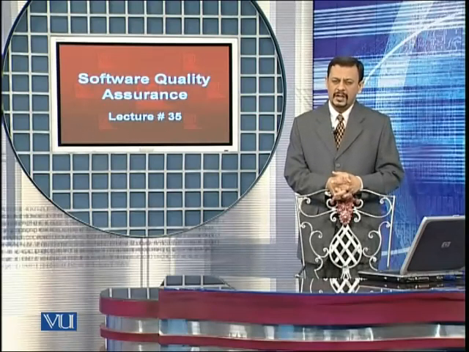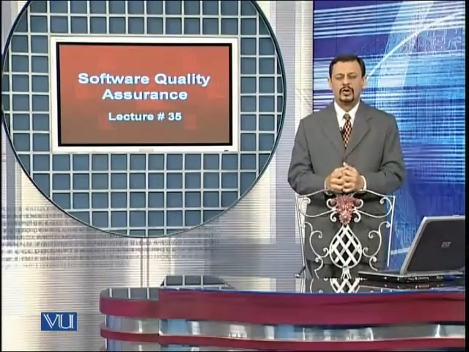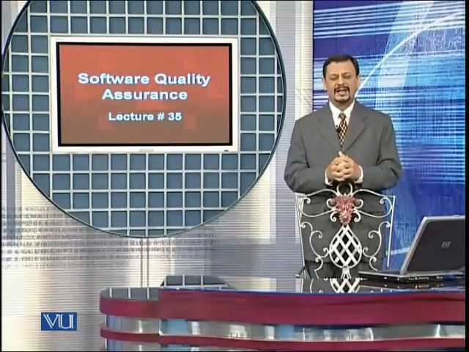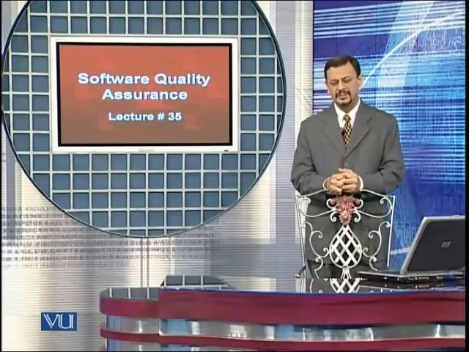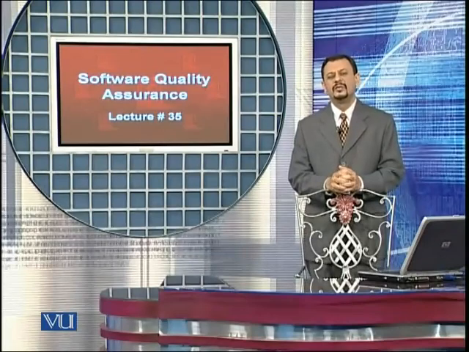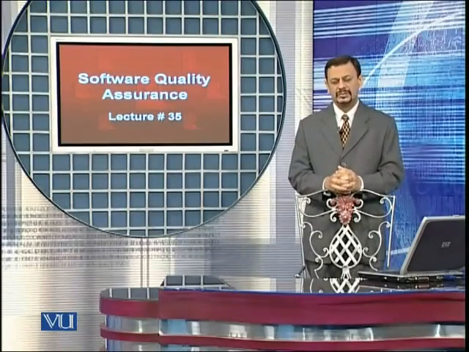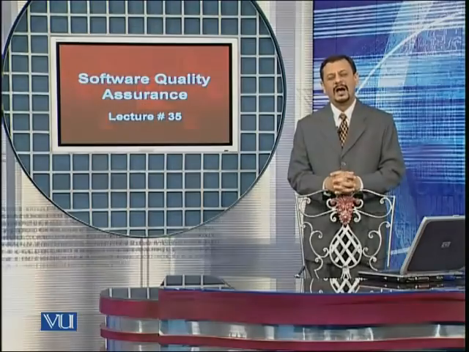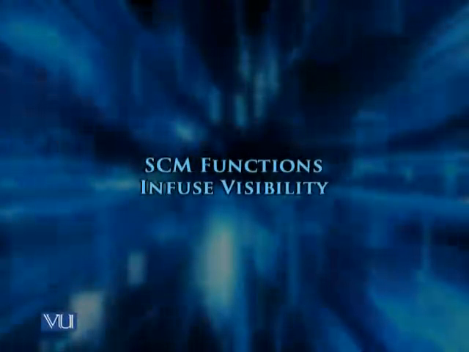What we will do today is continue our discussion on the importance and different aspects of software configuration management, and we will start the discussion today on how SCM infuses visibility and traceability through its main functions.